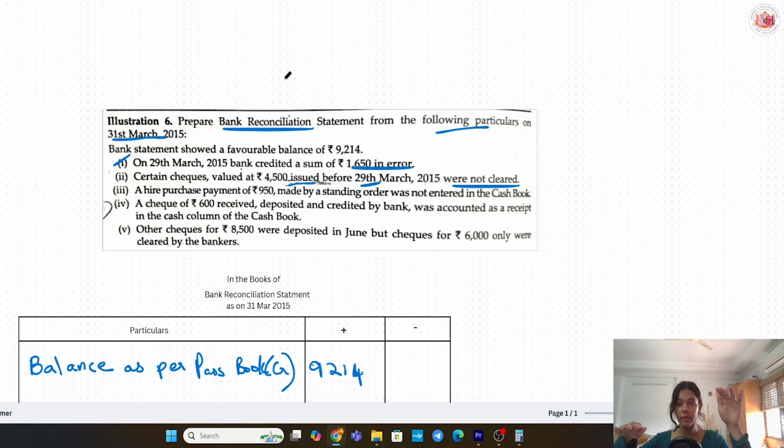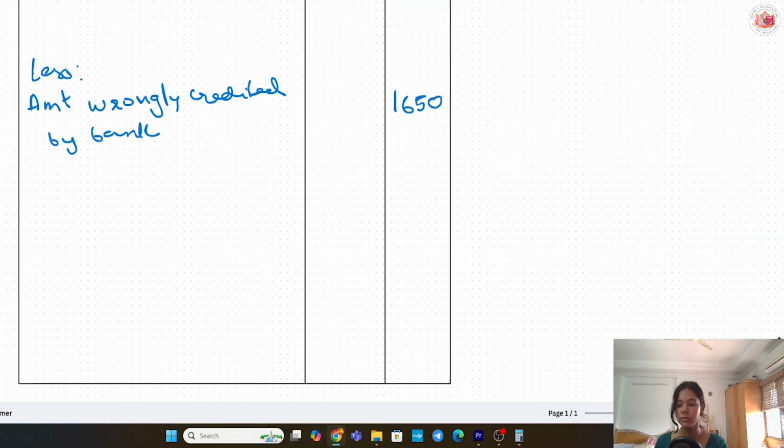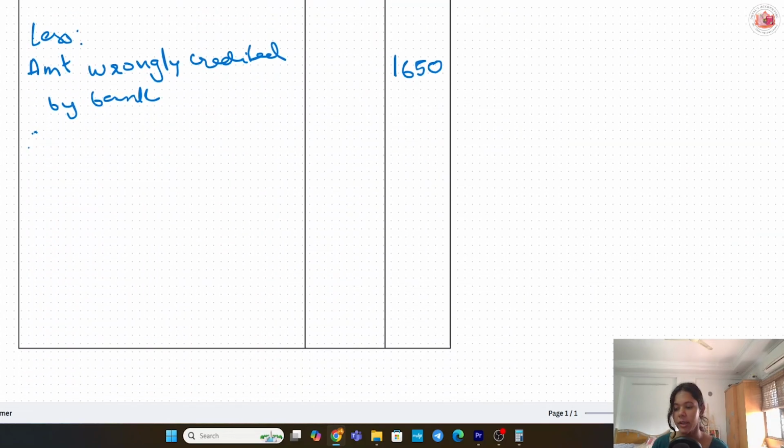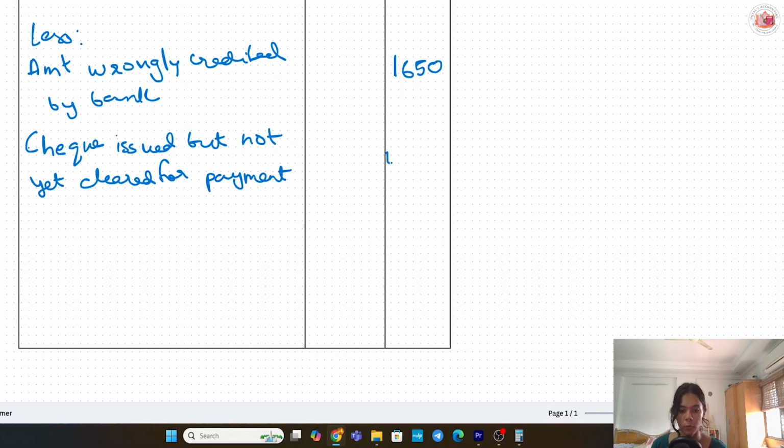In our cash book, we have deducted 4,500 because we have issued checks, but these checks have not yet been cleared in the bank, in our passbook. So our bank balance is more than our cash book balance, right? And if I want to equalize it, what do I do? I will deduct 4,500. Check issued but not yet cleared for payment: 4,500.